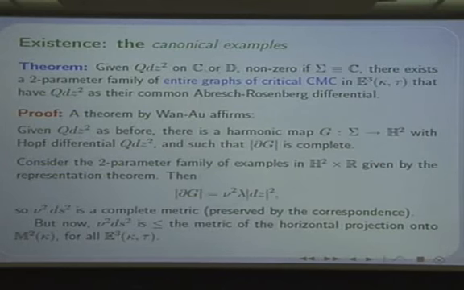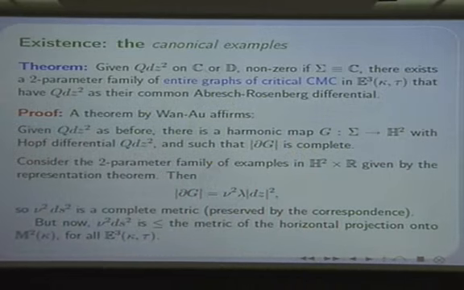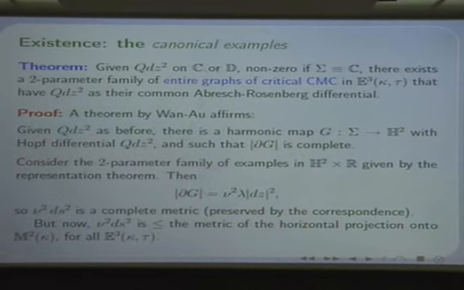Then, as this is complete, the metric of the horizontal projection will be complete. But this means that if I take the map from the surface to the horizontal projection, the map is preserving distances if I take the pullback of the metric. I'm going to explain this carefully.